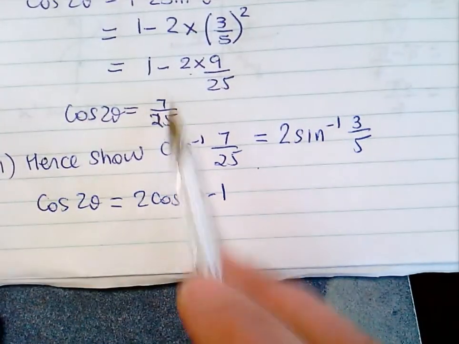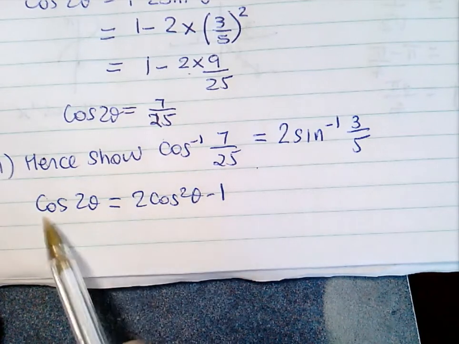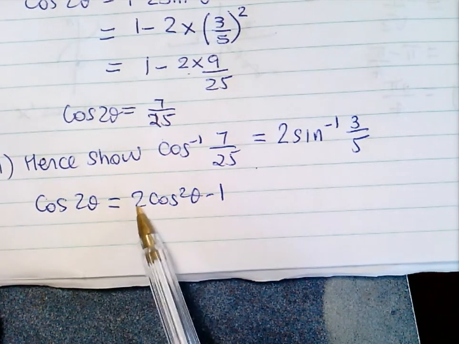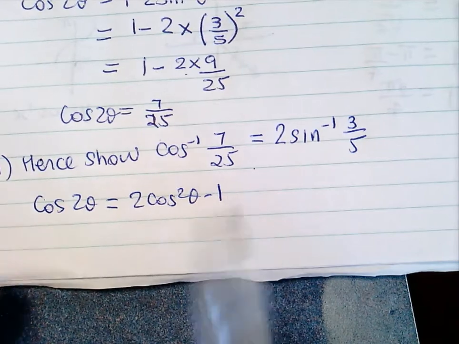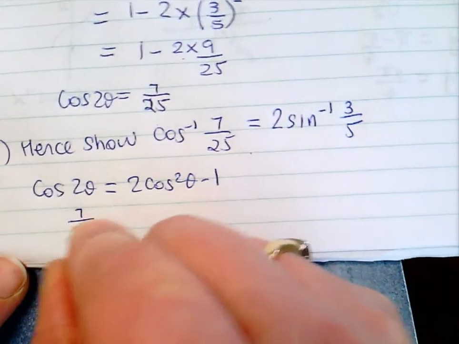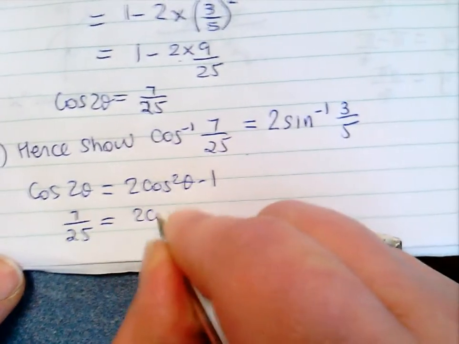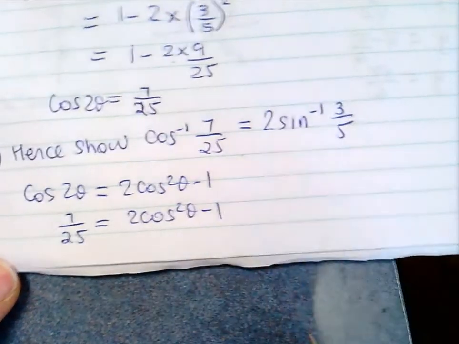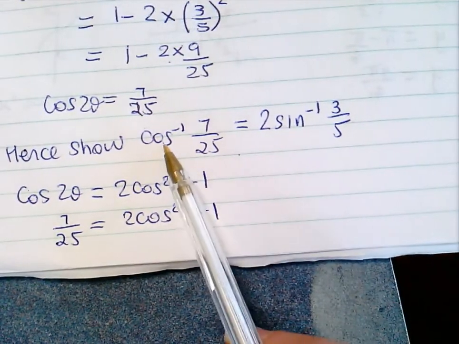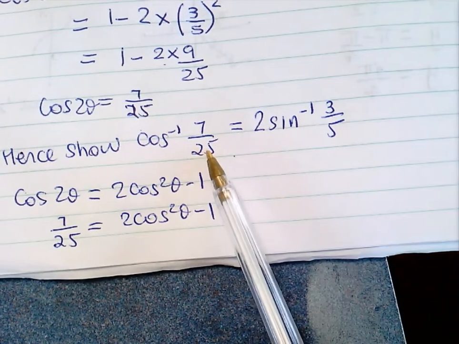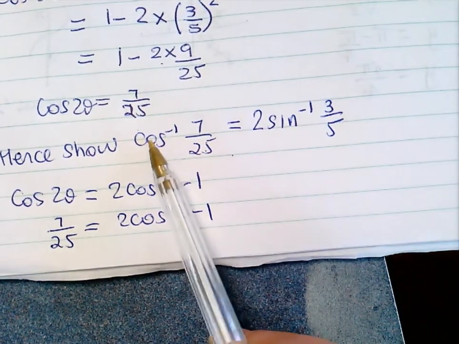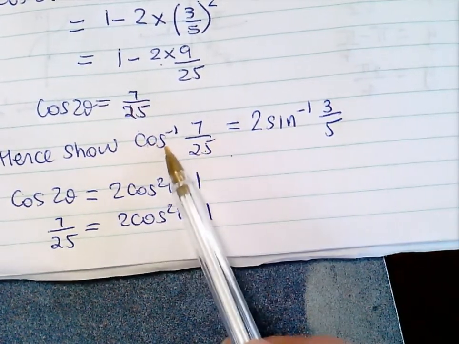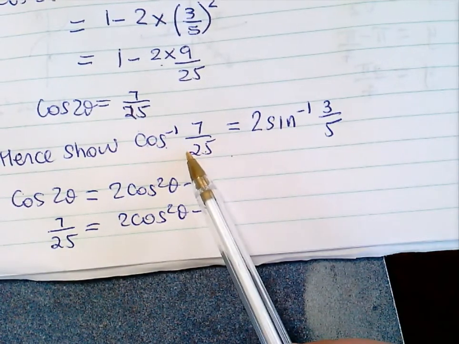Cos of 2 theta is 7 over 25. Cos of 2 theta is also equal to 2 cos squared theta minus 1. So 7 over 25 equals 2 cos squared theta minus 1. I'm trying to come up with cos to the minus 1 of 7 over 25.